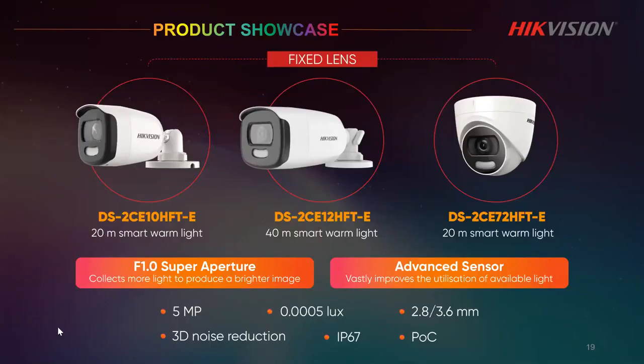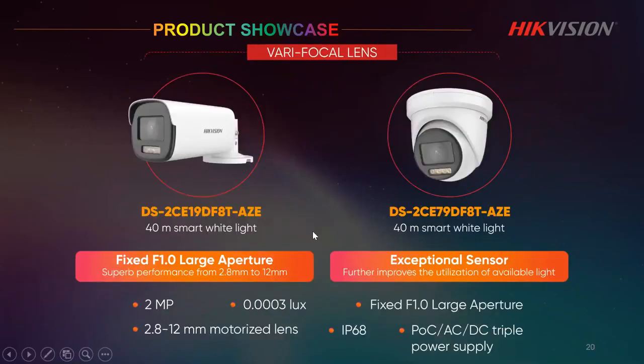So externally rated, with the fixed lens camera, it offers PoC. We've a varifocal range here, and just sticking with the PoC for the moment, it actually offers 3 different types of power. So you can power these cameras using PoC, AC or DC, so triple power supply option within it, basically.